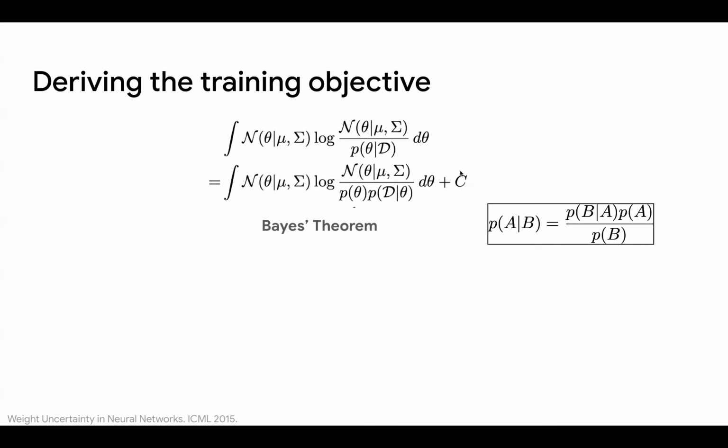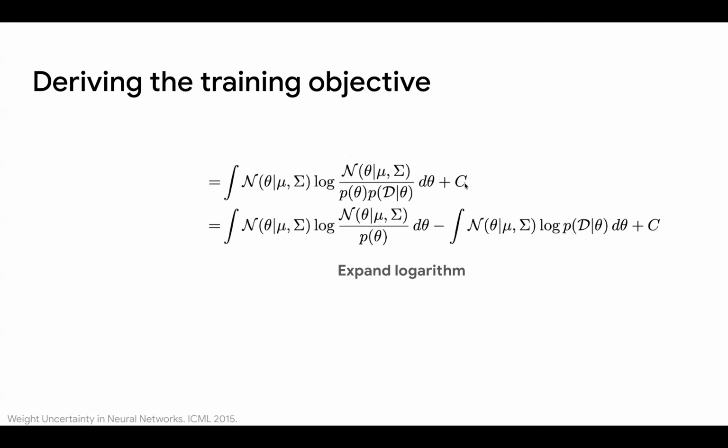So there's only the P of D term left here, but that's kind of constant because what we are trying to optimize for is mu and sigma. So we just treat that as a constant term here, C. And now you can expand the logarithm as follows, right? This P of D given theta is separated out here and also reciprocated, and there's a minus in front.